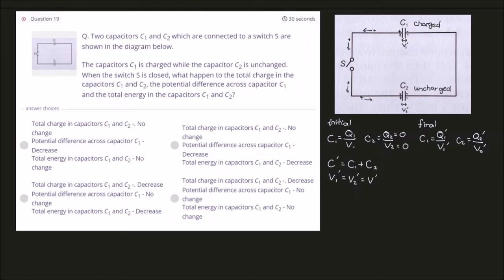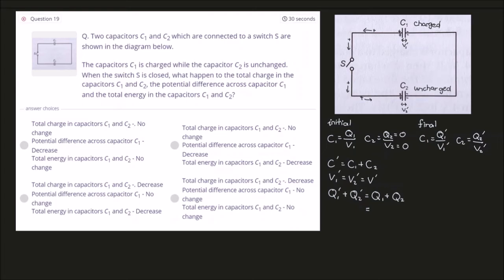How about the charge? The new charge Q1 prime and the new charge Q2 prime are supposed to add up to the sum of charges at the initial condition, because of conservation of charge. Initially everything is at capacitor 1, but now it's being distributed over capacitor 1 and capacitor 2.